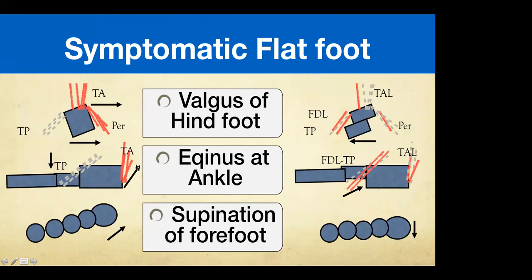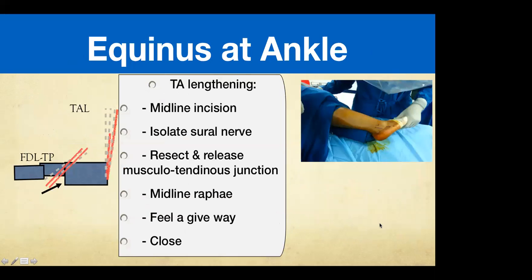Equinus of the ankle, the tight tendoachilles is lengthened. So you see that the gray fibers are lengthened. And for the dysfunctional tibialis posterior, we have added an FDL over here as an augment to your tibialis posterior. And for the forefoot supination, what you do is the Cotton's osteotomy to get the forefoot down.